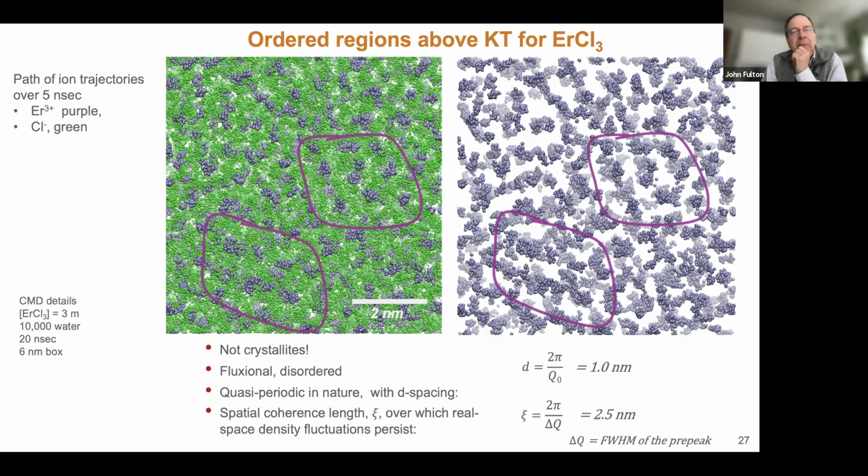Well, of course, with XAFS or X-ray scattering, these methods, we can't measure directly the lifetimes. We know that DFT-based MD is very high quality structurally, and the lifetimes come automatically out of that. But it depends on the degree of ion pairing, of course.